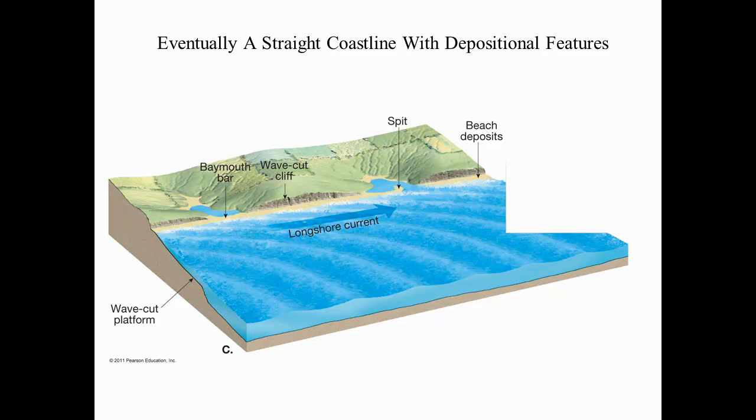Notice again the direction of the longshore current. And as a result, the spit will extend offshore in the same direction as the beach drift and longshore drift is carrying all the sediment in the down coast direction.